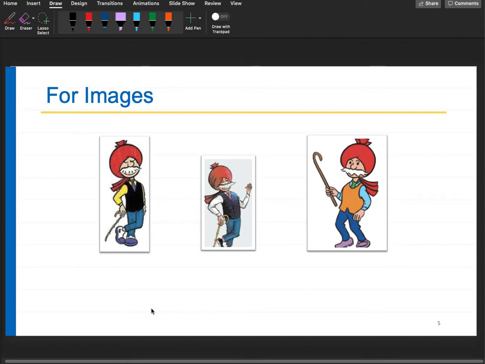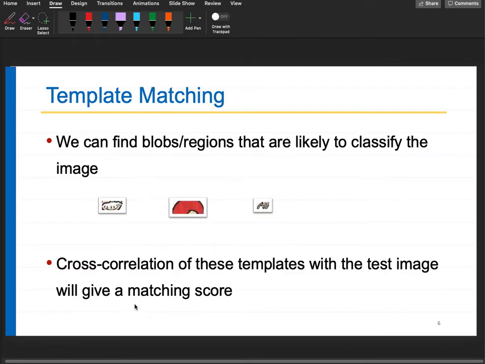Wherever you get the maximum cross correlation, there the mustache most probably is. There are false alarms also, means you can find maxima even when there is no mustache. But ignoring those cases, you can find likely regions of mustache.